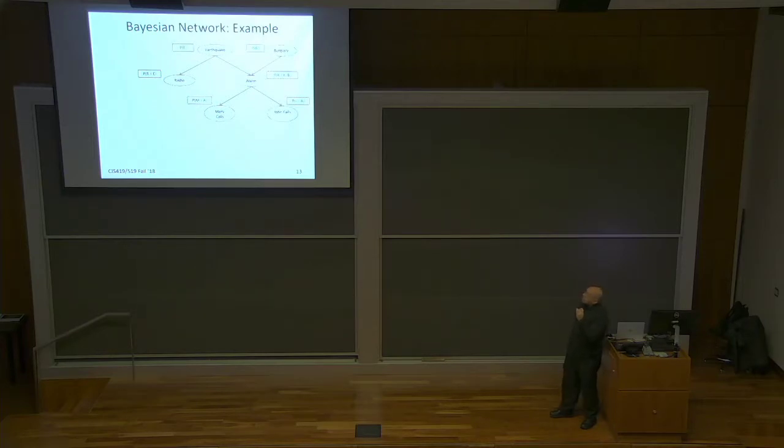Let's assume that earthquake is on. Given that earthquake is on, the probability of radio being off plus the probability that radio is on has to be 1, right? So in pairs, really what I have is two independent numbers there. Okay, everyone agrees with that?